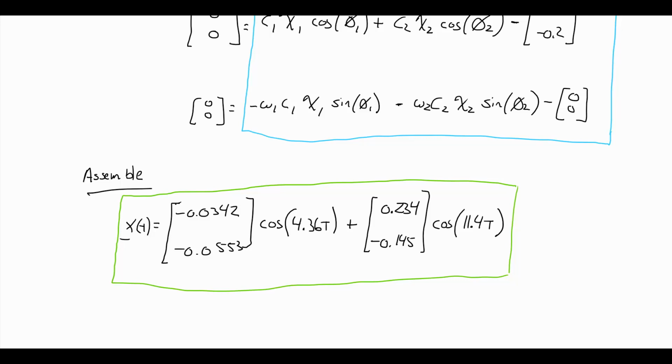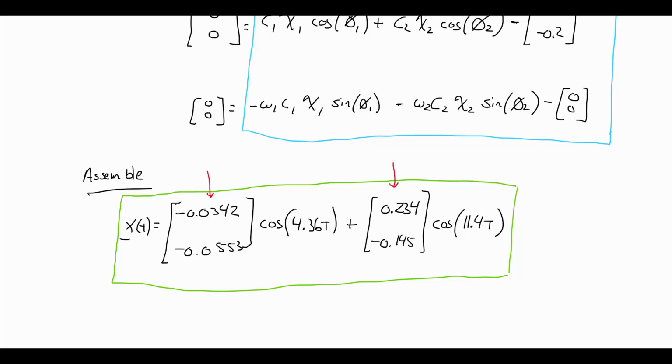x1 of t, again, is that top row, and x2 is going to be the bottom row. If we look at the relative strengths, let's look at the top row first. We see that this 0.234 is much larger than the negative 0.0342.